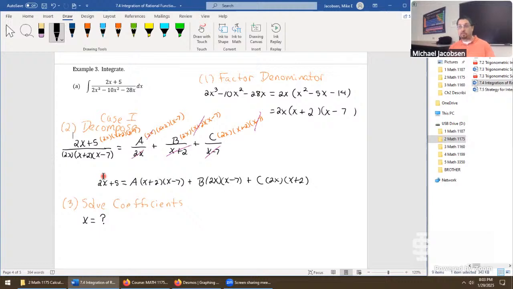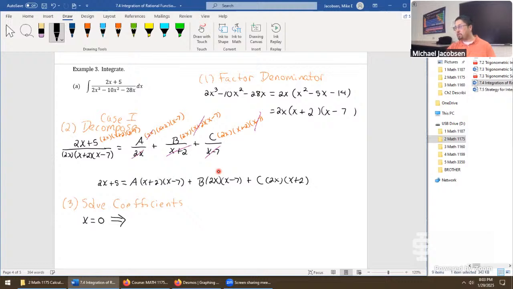That's more of a linear algebra problem. So instead, we're going to do this. Because we're targeting a, we didn't have to go for a specifically, but if we were, we'd pick x as 0. But from here, pick a -2, that would work. From here, pick a +7, that would work as well. You're solving for the other coefficients. So just pick something that's going to make a factor go to 0, in other words. I like to start off with 0 on this one, so let's do that.